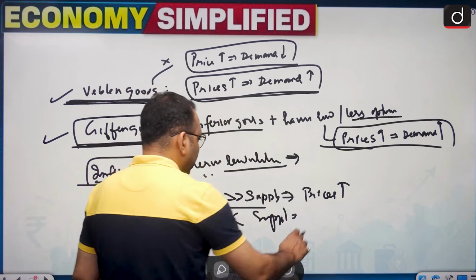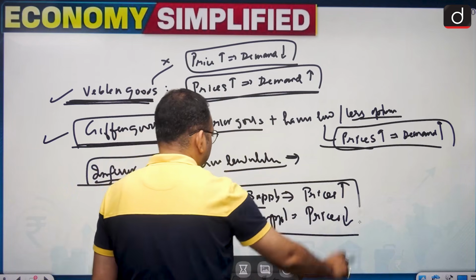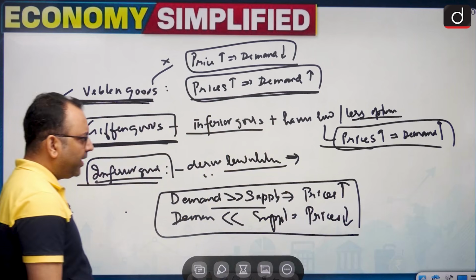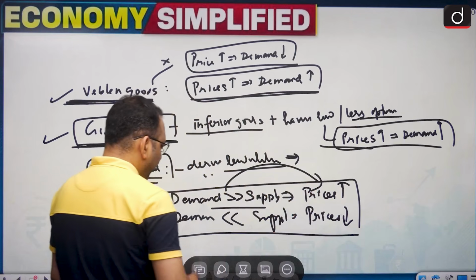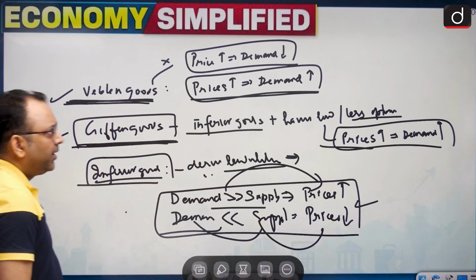So in this case, the prices will fall. These are the two aspects: increase of demand over supply, high prices; fall of demand over supply, low prices. And this is about demand and supply.